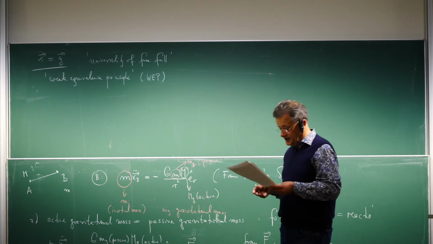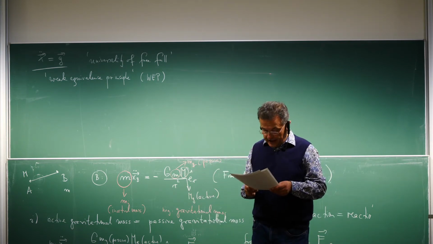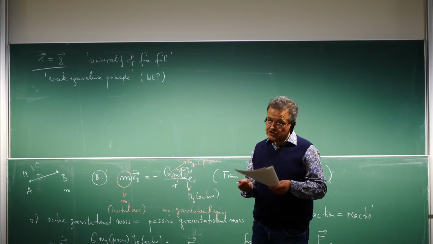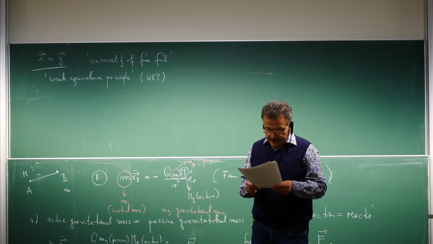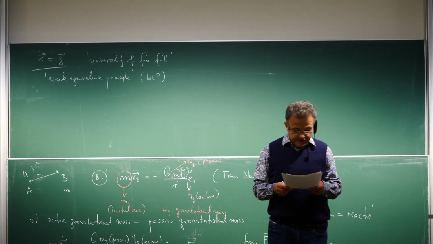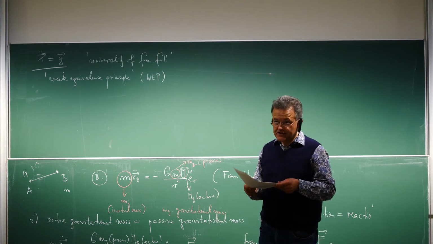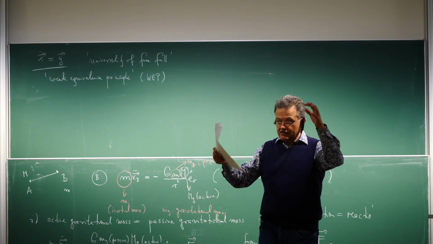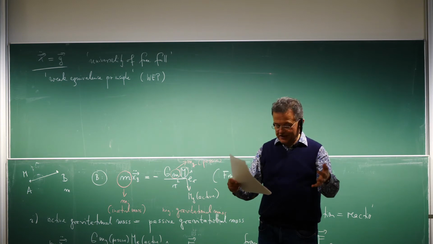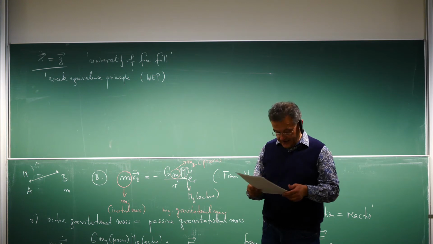He took this as a starting point for developing general relativity starting in 1907, and actually he generalized it. He assumed that not only does m_i equals m_g hold, but the dynamical laws are the same whether you are in a small enough freely falling system or in a gravitation-free space.